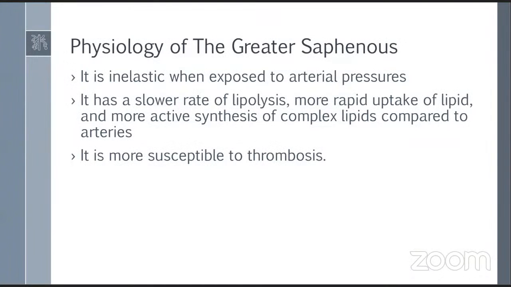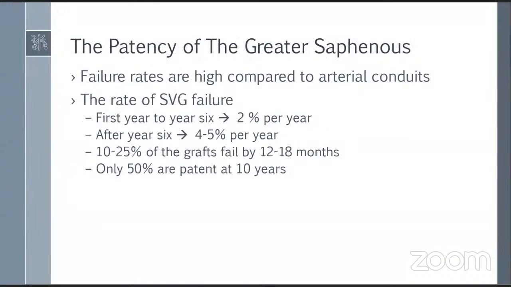The physiologic points I want to mention about the greater saphenous vein are that it's inelastic when exposed to arterial pressures. It has a slower rate of lipolysis and more rapid uptake of lipid and more active synthesis of complex lipid compared to arteries. It is also more susceptible to thrombosis. Regarding the patency of the greater saphenous vein, it has a high failure rate compared to arterial conduit.